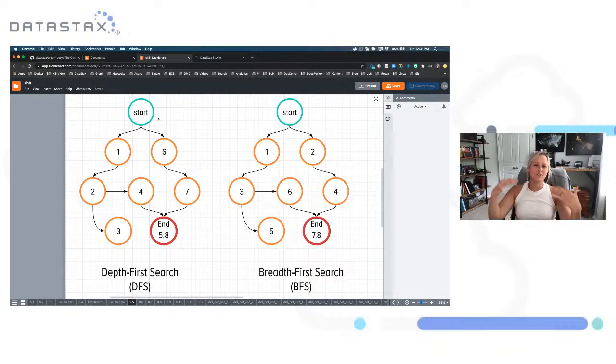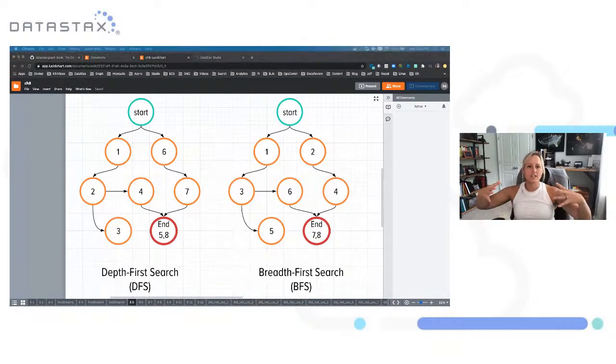So the difference between depth first search and breadth first search is just the order in which you visit different vertices in your graph. Overall, when you're considering massive graphs, any type of graph, the amount of time it takes to do breadth first search or depth first search is the same.